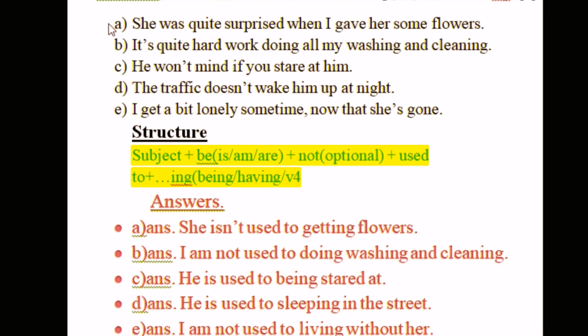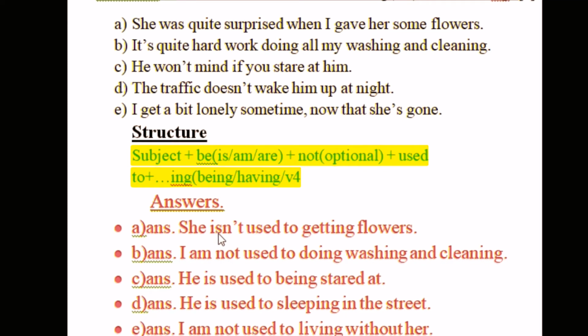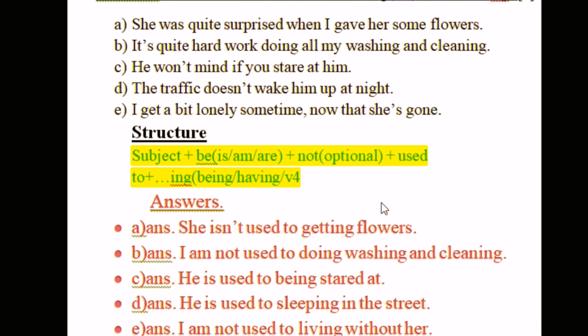My dear, you can answer this question as she is not used to getting flowers. Yes, she, the subject, is, not, that is optional, used to plus ing, getting is used as ing, and flowers. She isn't used to getting flowers. That's why she was quite surprised when I gave her some flowers there.